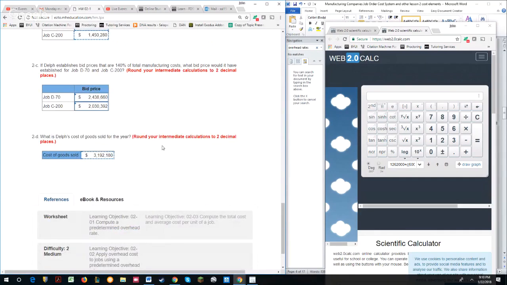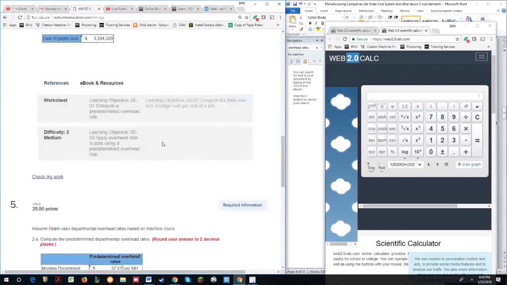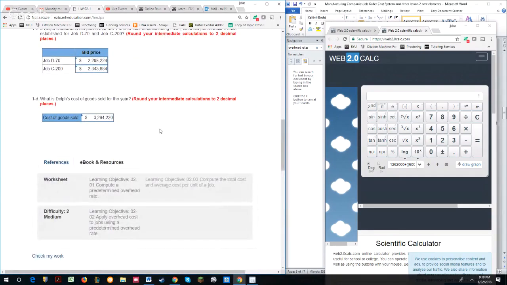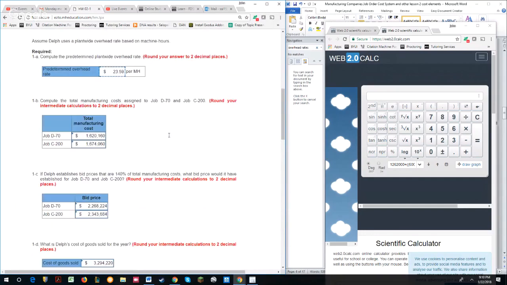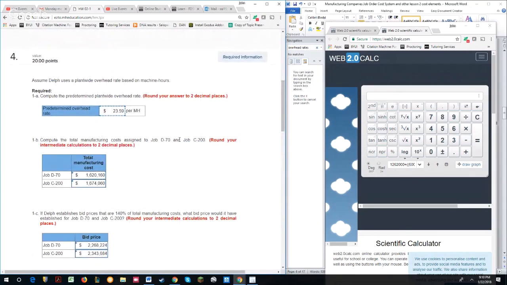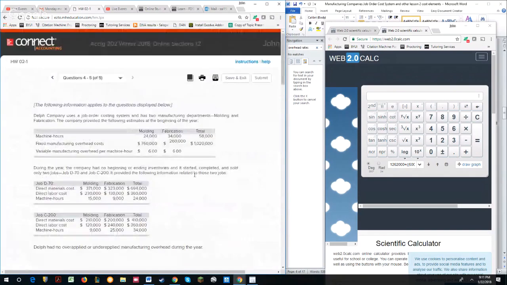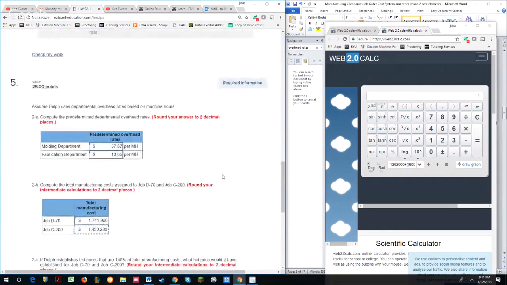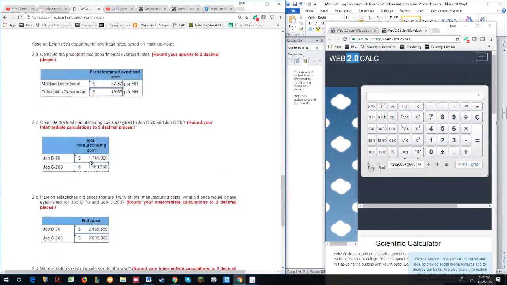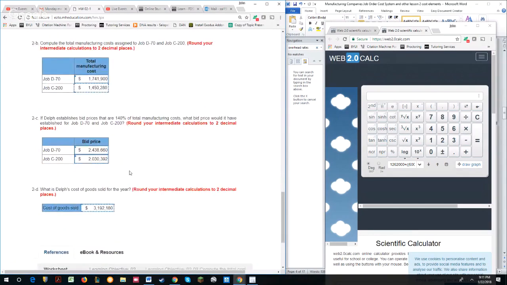So doing it this way would have actually saved them some cost of goods sold if they listed it out by department instead of total. Okay, so then you just did the percentage times, right? So that's easy. And then just added those up again for your total cost of goods sold. So your total manufacturing costs. Gotcha.